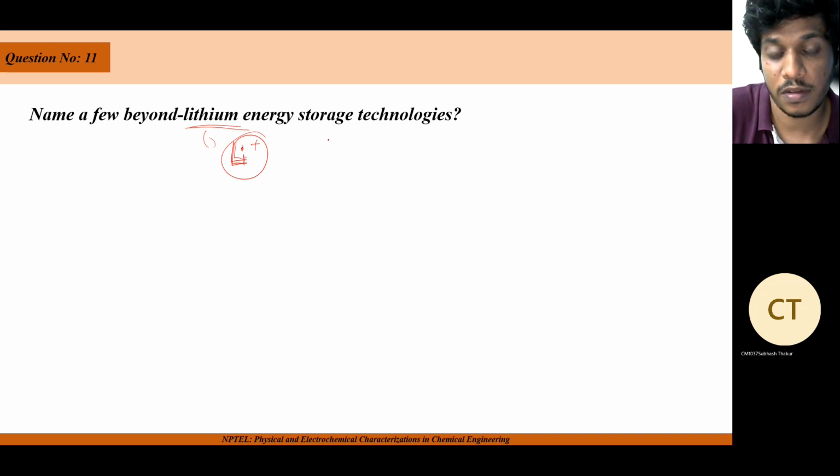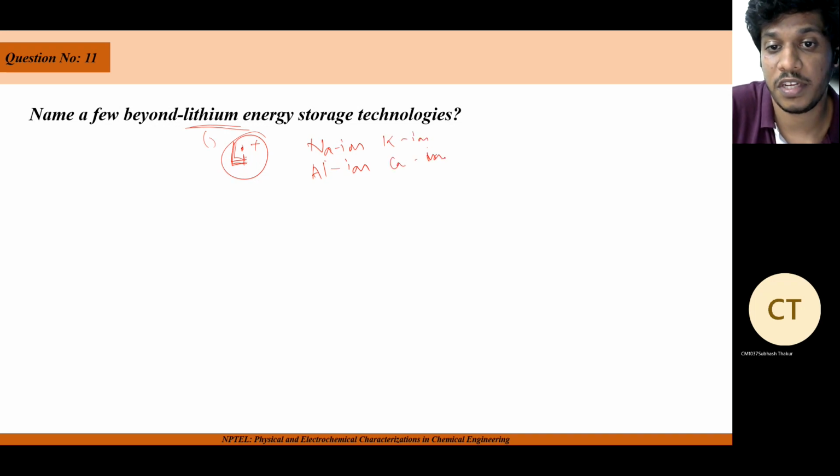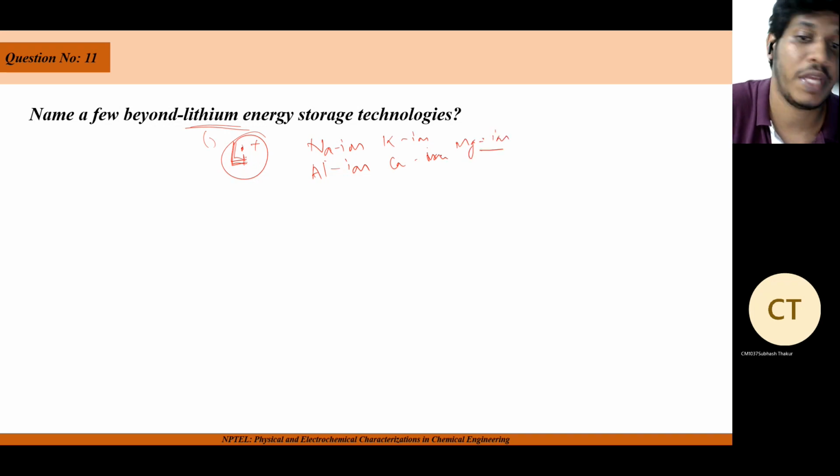Some of the very promising technologies are, say, sodium ion batteries, and people are researching aluminum ion batteries, and there are potassium ion, calcium ion, and magnesium ion batteries. So people are trying to get better energy storage devices beyond lithium, and some of them look promising.